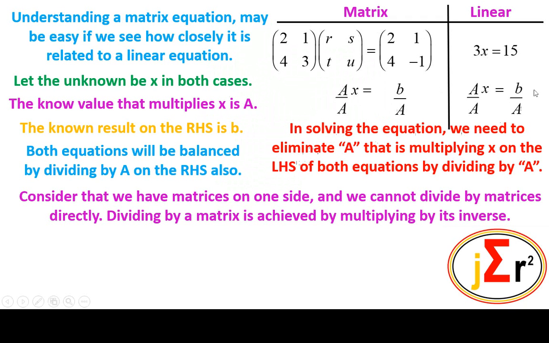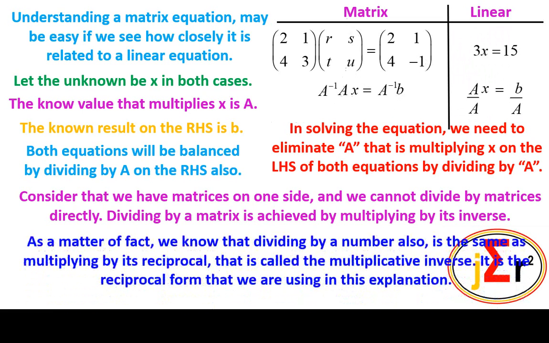While we don't have to bother about the column on the linear equation, we have to be very conscientious about the side on which we have the matrices. We multiply by the inverse, and that is how matrix division is achieved.